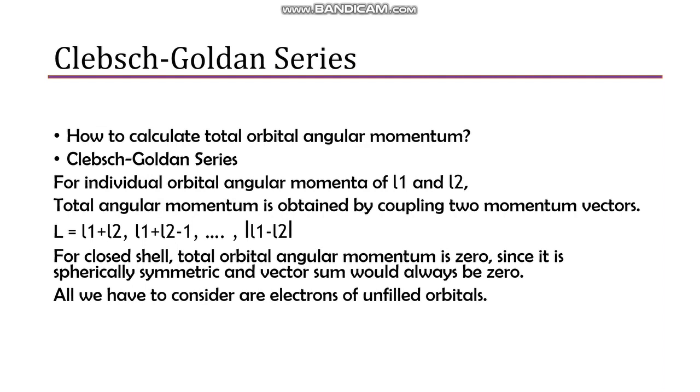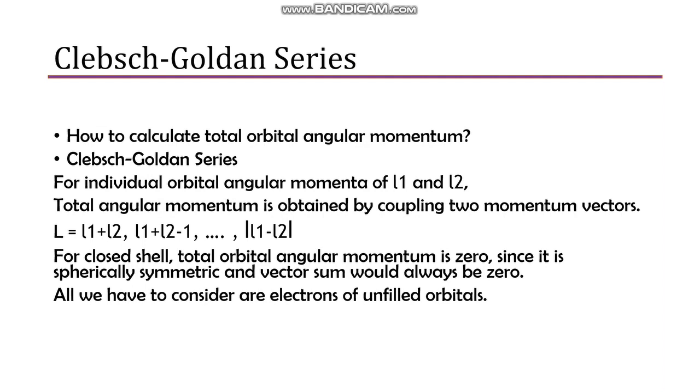And total momentum has a minimum value if they are in opposite directions, and the value should be the absolute value of L1 minus L2. So the possible set of coupling those two is from L1 plus L2 to the absolute value of L1 minus L2. Now this looks complicated if we have many electrons, as we have to consider consecutive coupling of momentum.